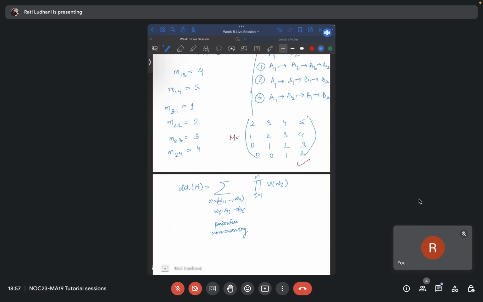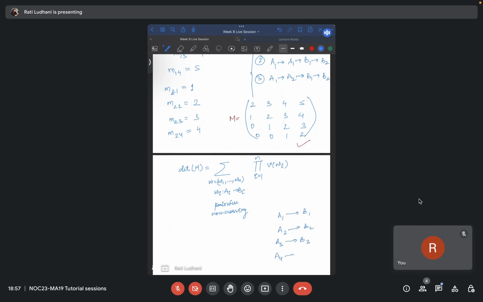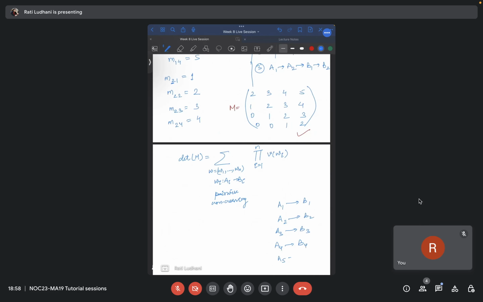So now let's see how many paths are there with non-crossing requirements. You will consider A1 to B1, A2 to B2, A3 to B3. So you are actually talking about the diagonal entries. You are looking at the paths corresponding to diagonal basically. Okay, so whatever path you consider here, they should not cross.